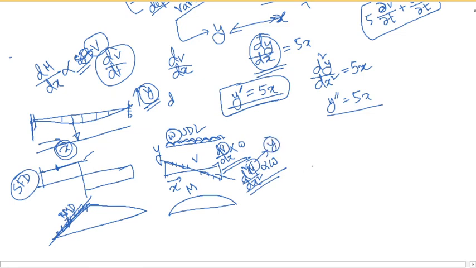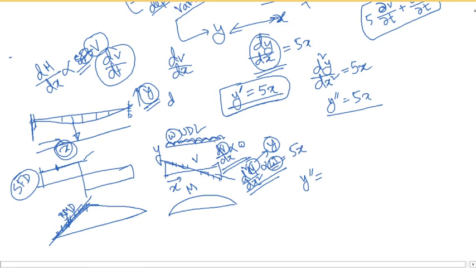So we can say the double derivative of moment equals a constant times w, and this w may be a constant value, say 5, or also a variable with respect to x.